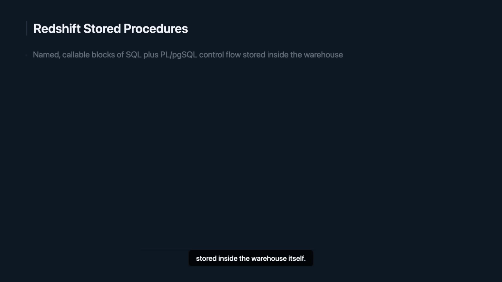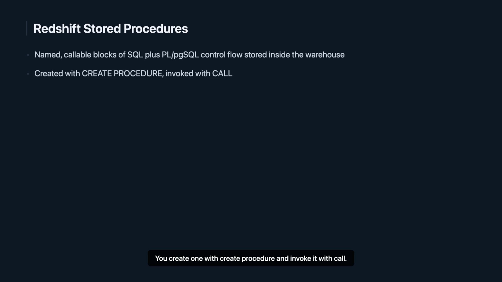One more Redshift feature worth knowing: stored procedures. A stored procedure is a named block of SQL with PL/pgSQL control flow like loops and conditionals stored inside the warehouse itself. You create one with CREATE PROCEDURE and invoke it with CALL. They matter for two reasons.